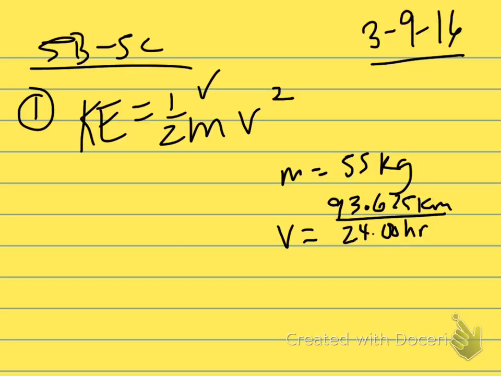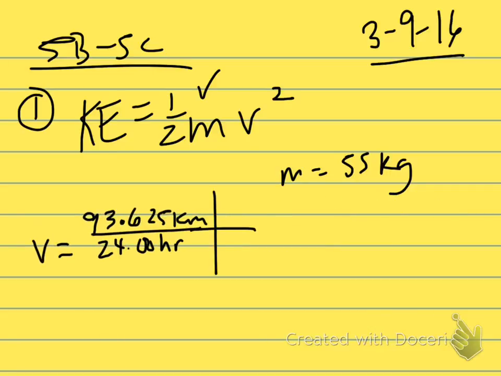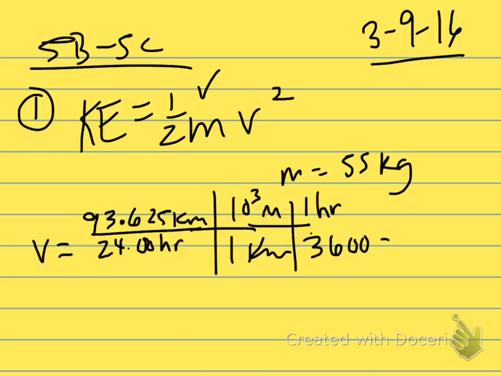And then 1 kilometer is 10 to the third meters, and 1 hour is 3,600 seconds, or 3.6 times 10 to the third seconds.